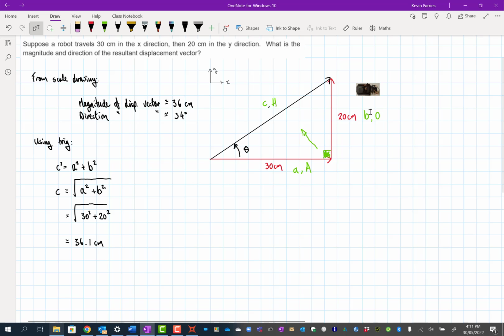Okay, so we're trying to find out this angle. We probably want to use the two magnitudes that we've been given in case we've made a mistake calculating the hypotenuse. So that means we're going to use opposite and adjacent, so it's going to be tan. So tan theta is going to be opposite over adjacent.